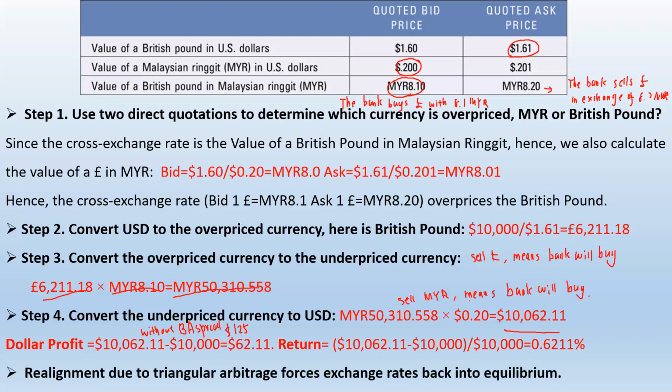So again, in the first step, because we keep buying British pound, the British pound price will increase. And then here we keep selling British pound against the US dollar.